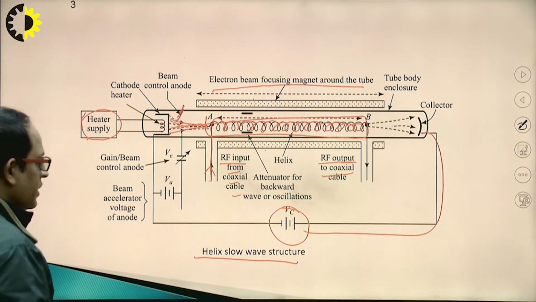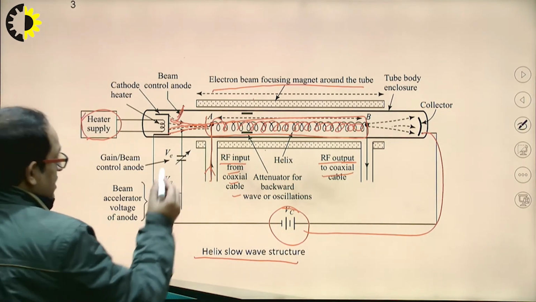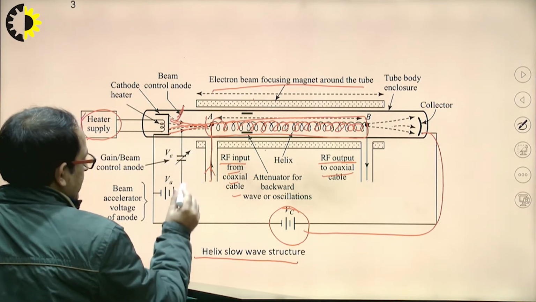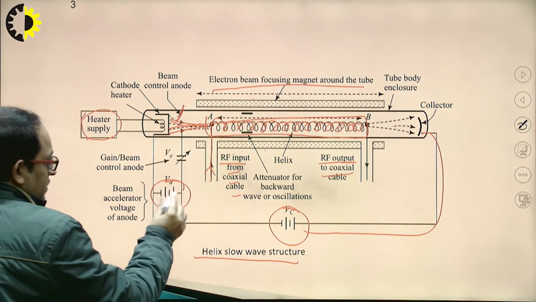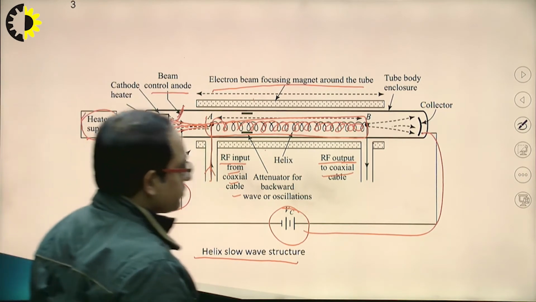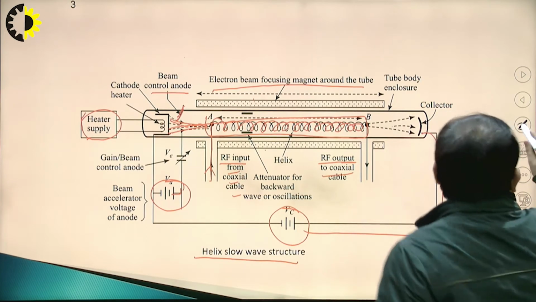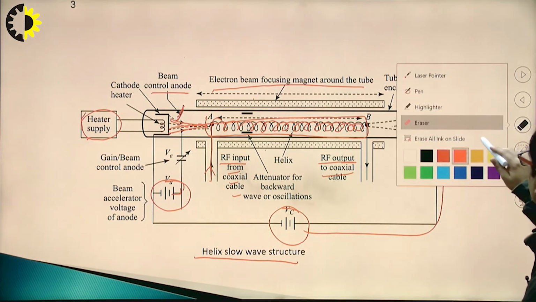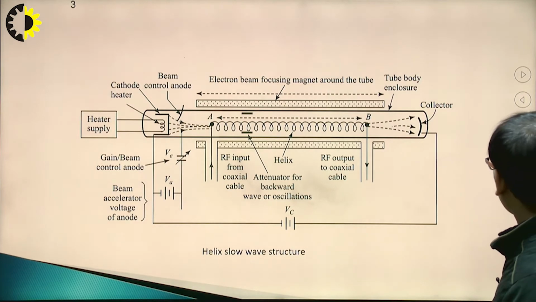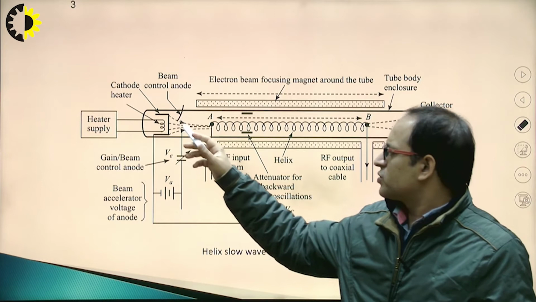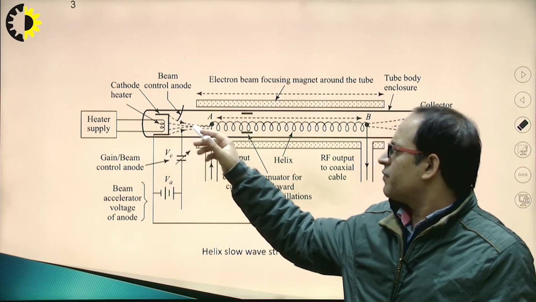Clear? Now we will see that this focusing electrode is also on the positive side. So a positive supply is going to the beam control anode. Now see, this is the electron beam which passes through the anode in a focused form.